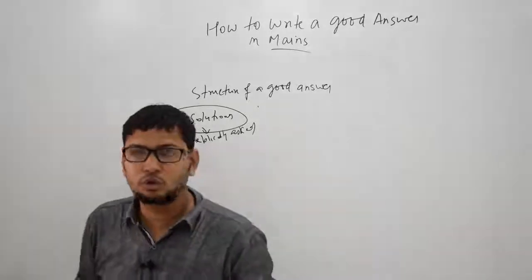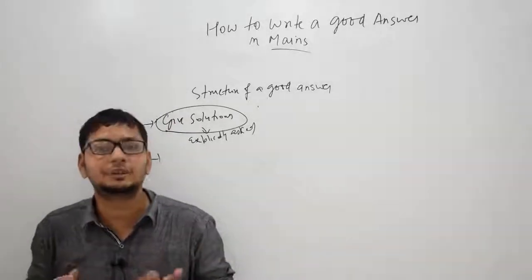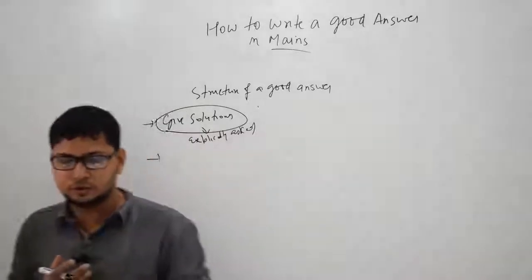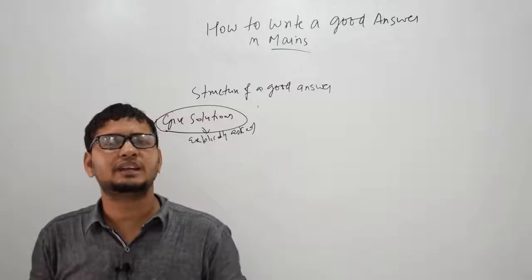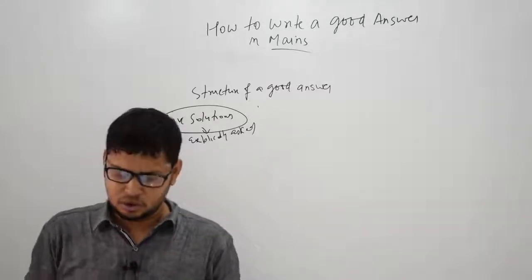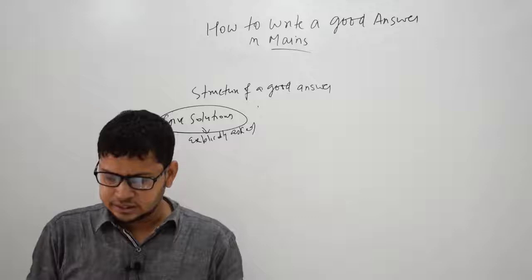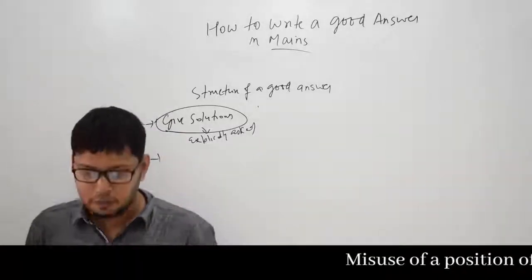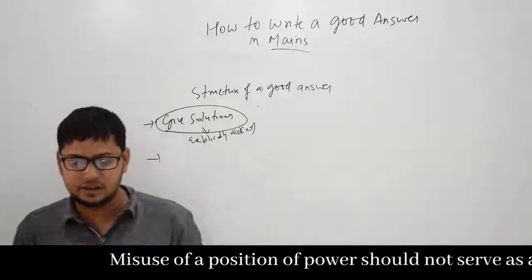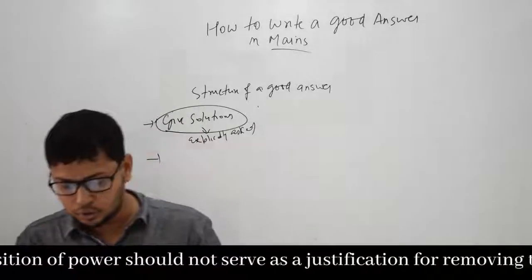In this also, you will have to take a very optimistic conclusion about the post of governor, because generally scrapping anything is a little extreme. So a good conclusion could be something like this: misuse of position of power should not serve as a justification for removing the office altogether.